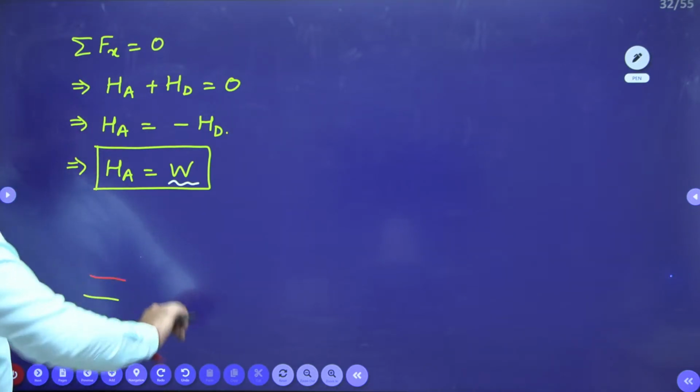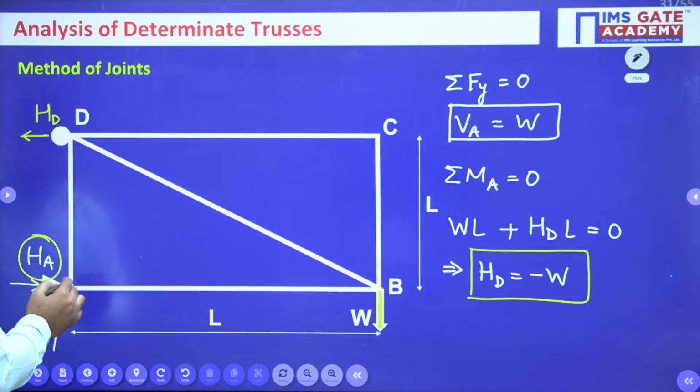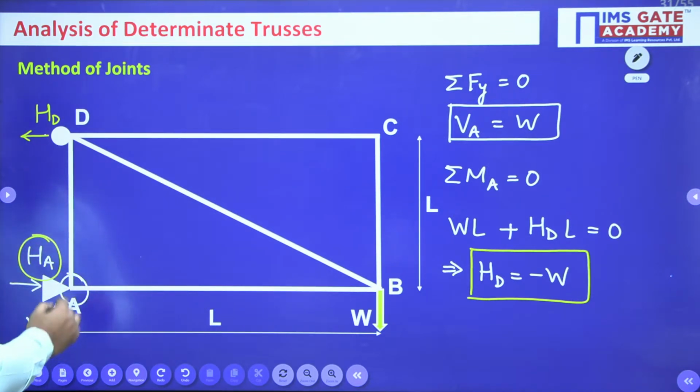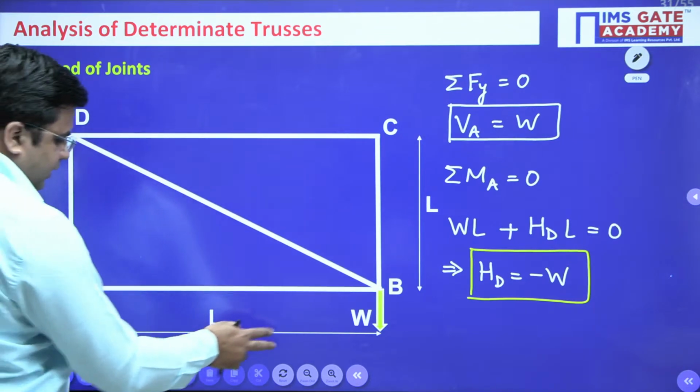Now moving forward with this, I can just consider this joint A, right? For this joint A, I have two member forces, that is AD and AB, right?